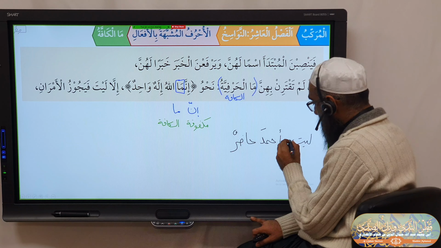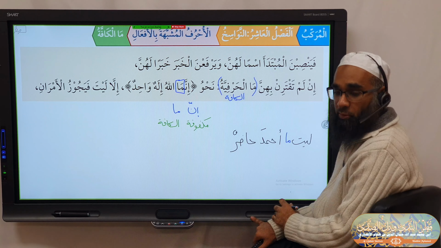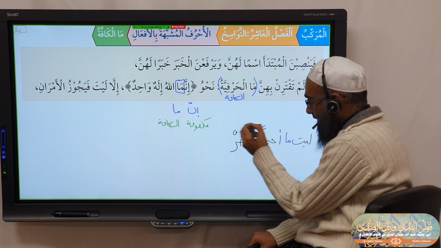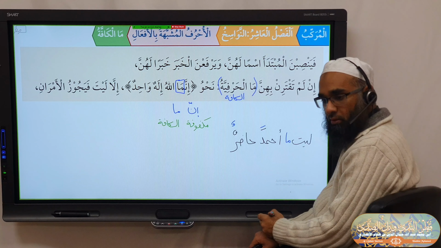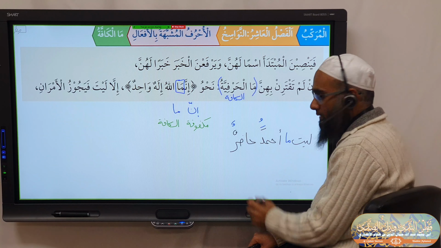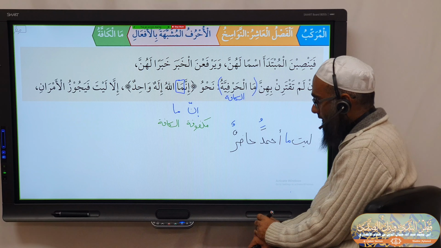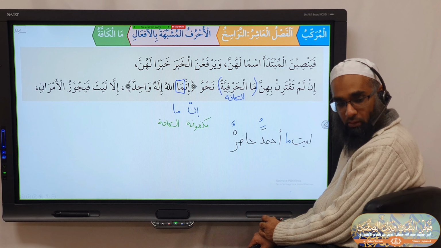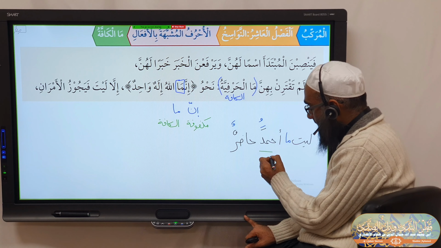When we add ma, layta ma, we get two options. What are the two options? You do amal, layta ma Ahmada hadirun, or you say layta ma Ahmadu hadirun. When it's Ahmada, it becomes the ism of layta.